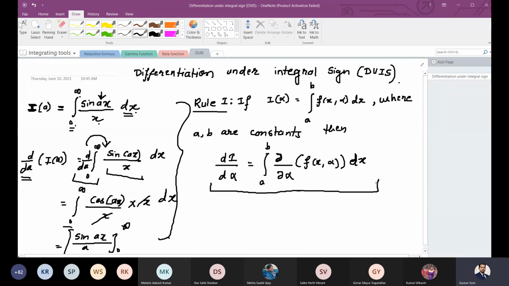Yes, please. If a function has two variables, then we have to take one constant and differentiate. Okay. Anyone else?